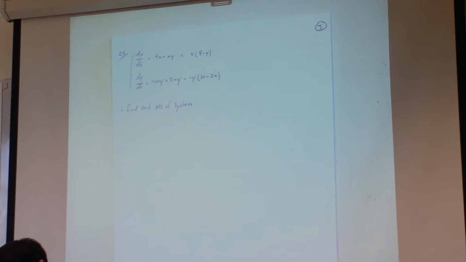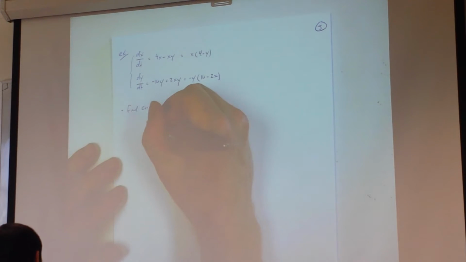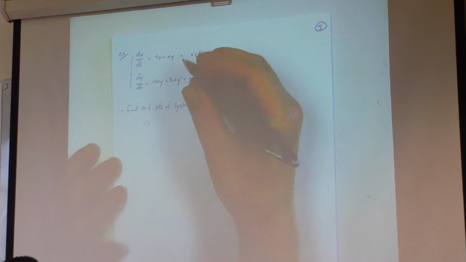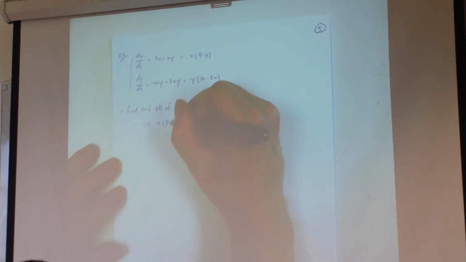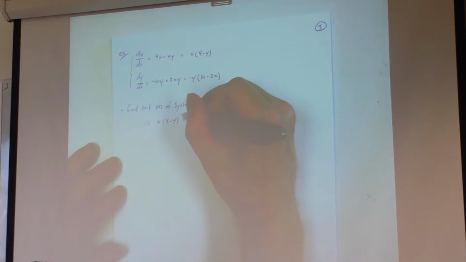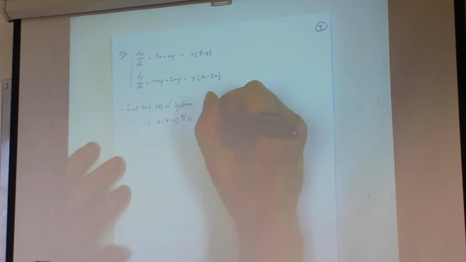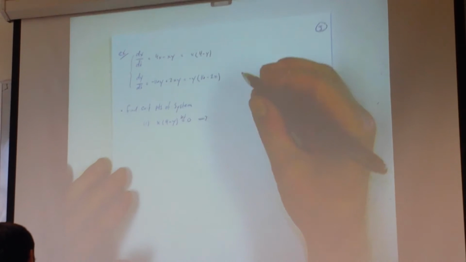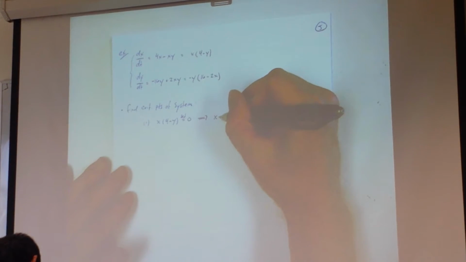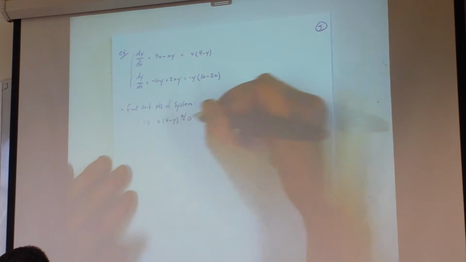So if we set both of them to 0, the first equation would be in factored form. It's nice to keep it that way. x times (4 minus y), set that equal to 0. And what does that tell us? Solutions to this equation? x equals 0 or y equals 4, right? We're going to get 0, 0, but also 0 and 4.